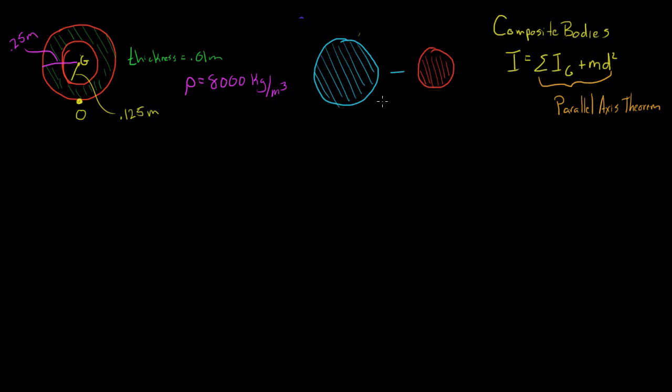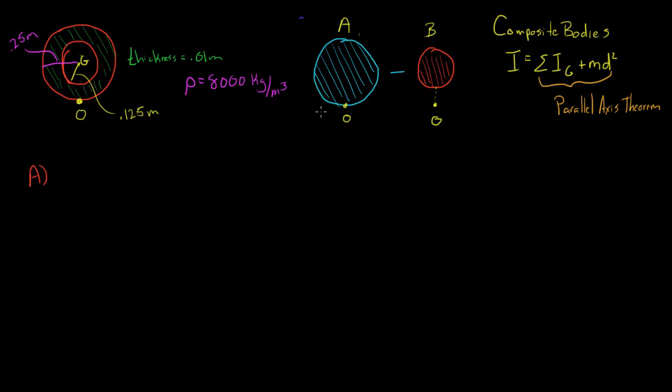So if we subtract these two from each other, the moment of inertia of this big disk minus the moment of inertia of this little disk, we're going to have this body right here, and we're going to have the moment of inertia that we're looking for. And I just want to draw in, this right here is the point O we're looking for. If I call this part A and I call this part B, let's look at how we get the moment of inertia of part A.